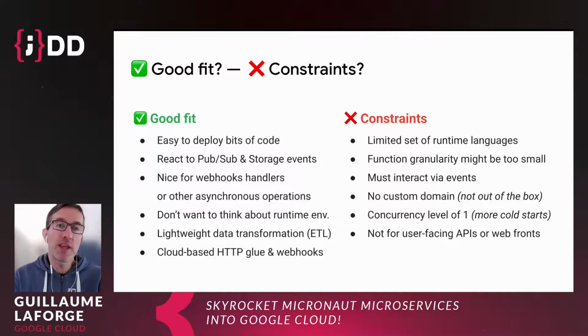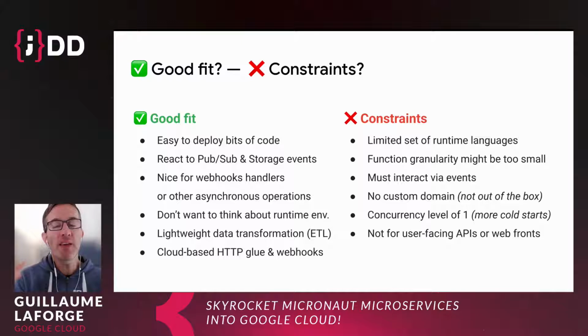In terms of constraints, you have to use the versions of the language or runtimes that are available. For example, there's not yet a Java 17 runtime, so you have to use Java 11 for now. You have to interact with events. And what else could I mention? The concurrency level: one function can only serve one event at a time.